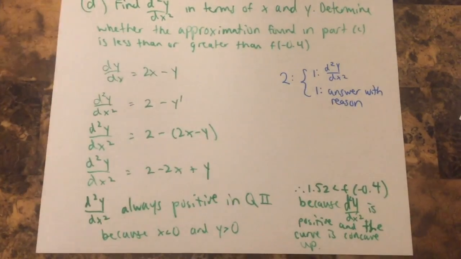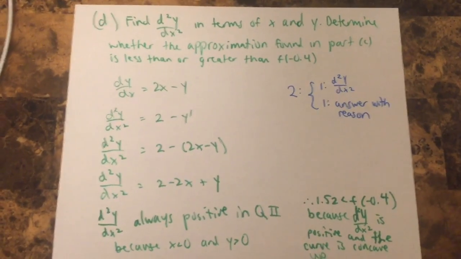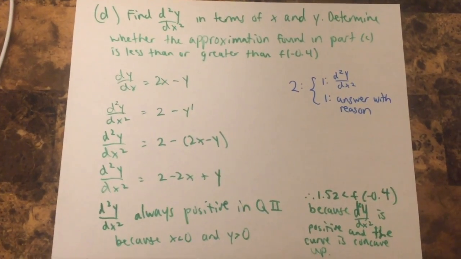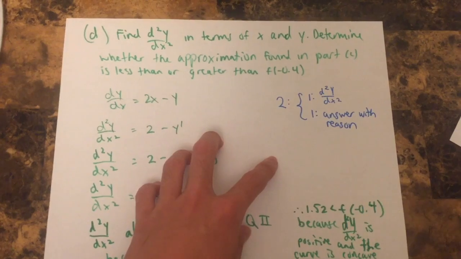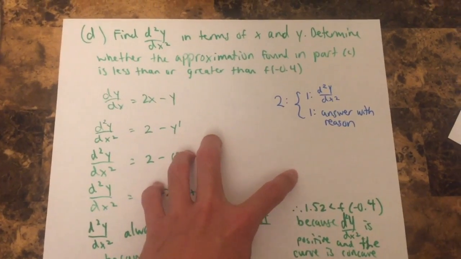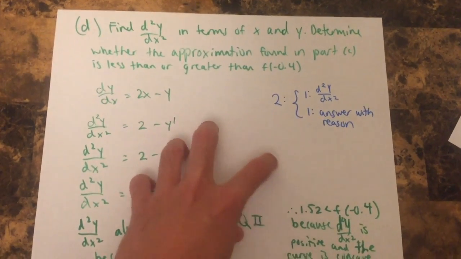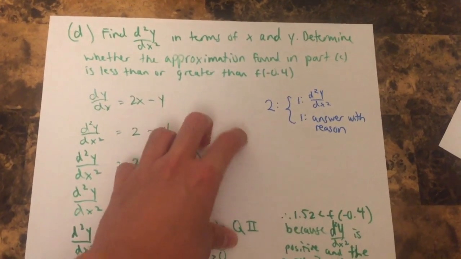And because it's concave up, you know that 1.52, which is the approximation found in part C, is going to be less than the actual value for f of negative 0.4. Because we use tangent lines to find the approximation, and their slope is always going to be lower than the actual concave up.